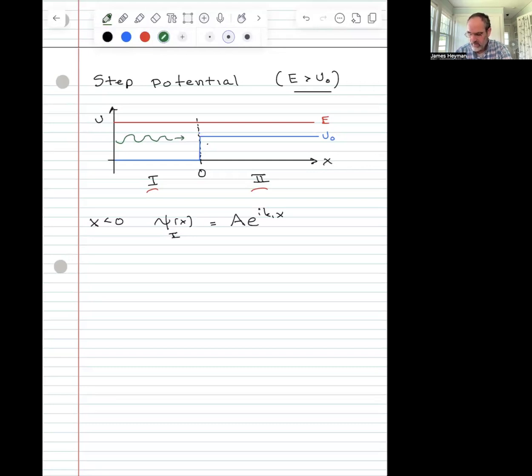In general, though, we should also expect part of the wave function that looks like a free particle moving to the left also. Both of those solve Schrodinger's equation in region 1. So we'll include a term like that in region 1.